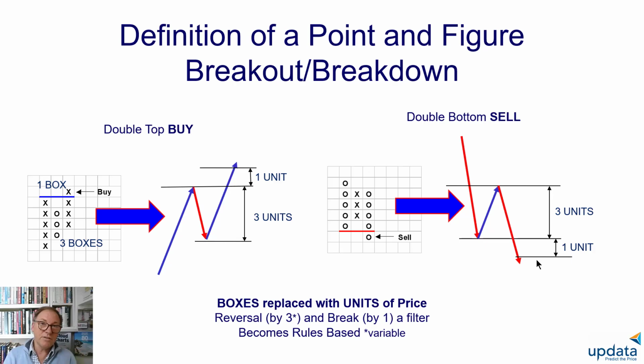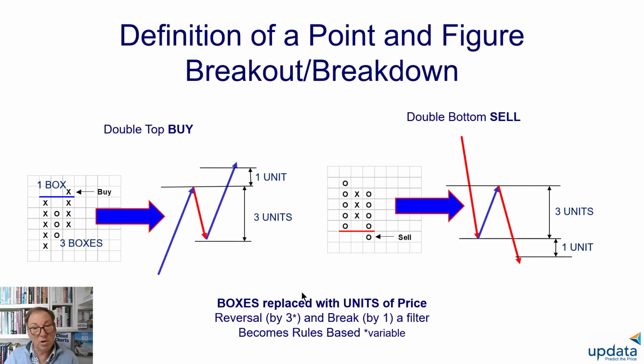So the definition of a point and figure breakout or a breakdown is this. It is what we call the double top buy, which is boxes, which leads to this, or the double bottom sell, which leads to this. This is not to be confused with a double top or double bottom, and you differentiate it by saying a double top buy signal and a double bottom sell signal. These, again, were in Cohen's book in 1947.